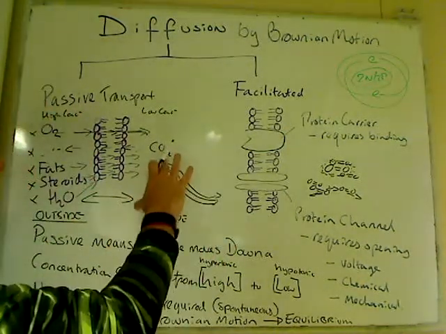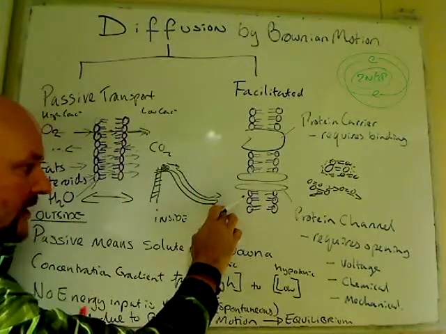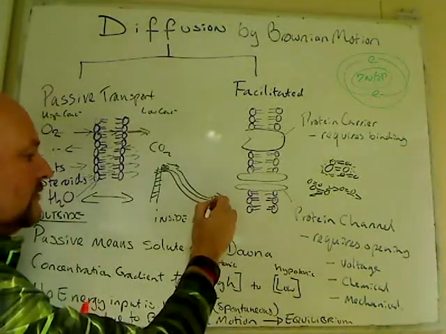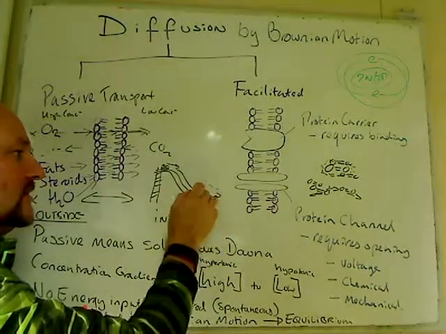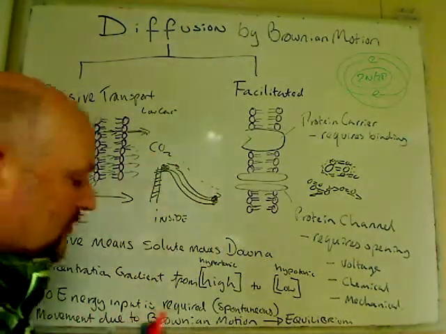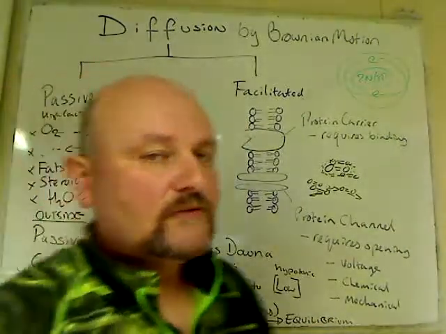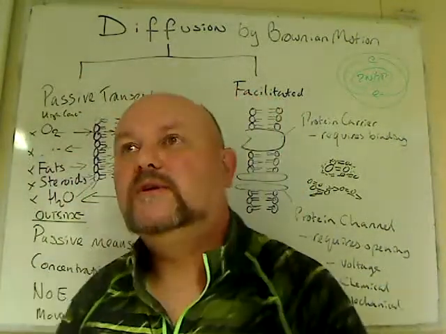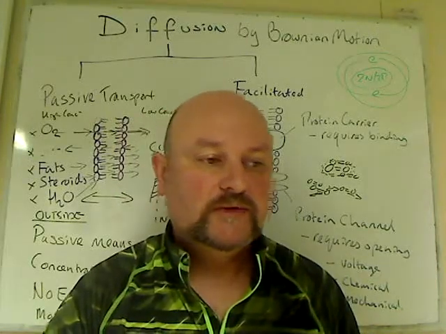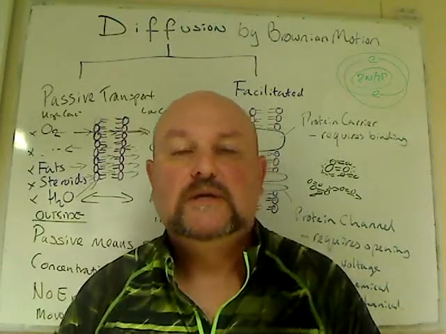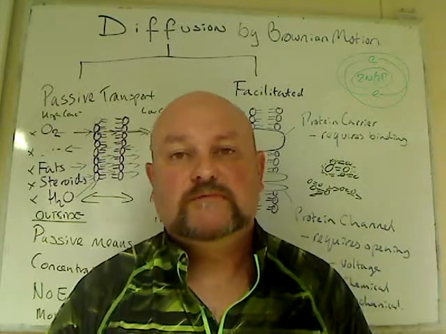So that's going from high in height to low in height. But if you put the same soccer ball down here, it will not spontaneously go up to the top. So things will happen without an energy input that will go from high concentration to low concentration. So whenever we say moving from high to low, we're talking about passive transport.